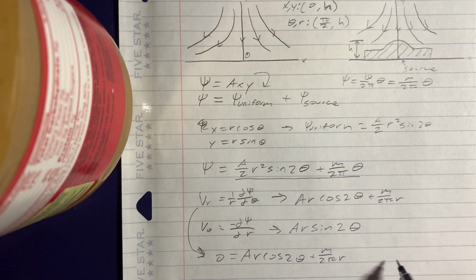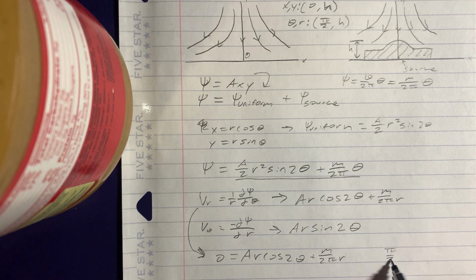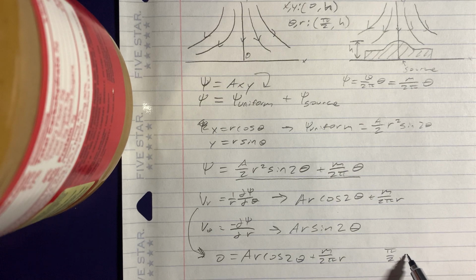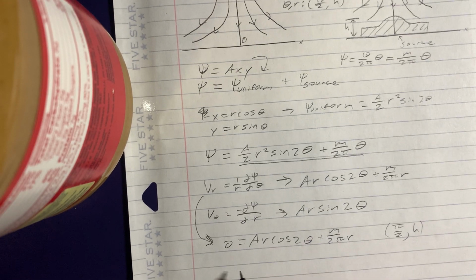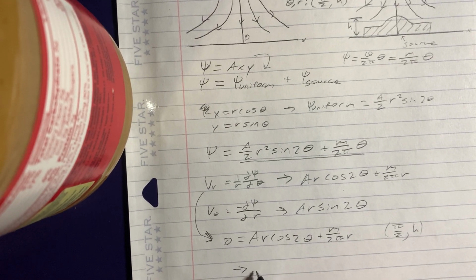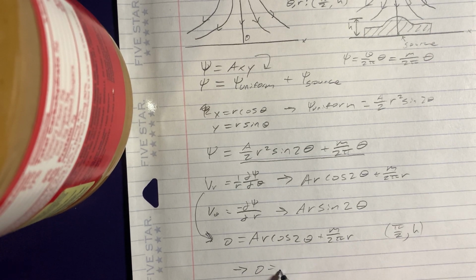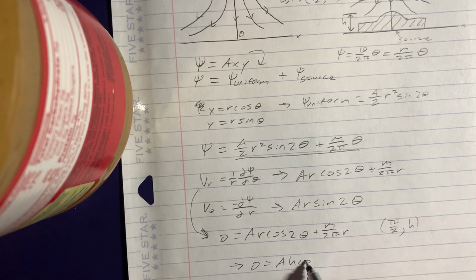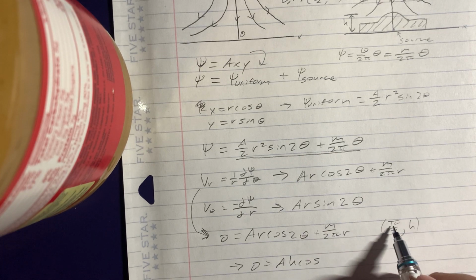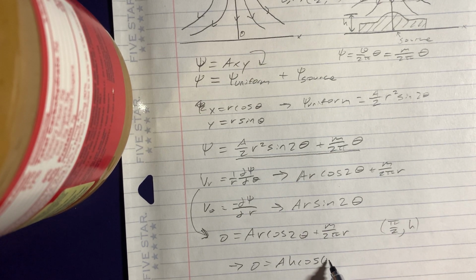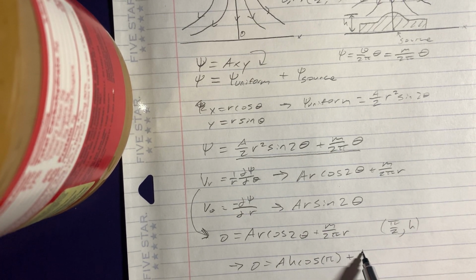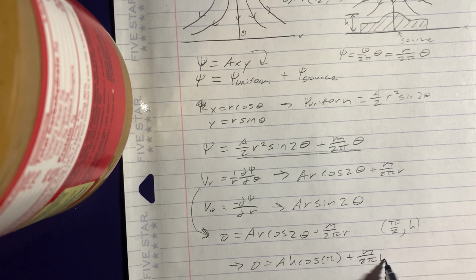Now we're substituting in pi over 2 for theta and h for r. So this becomes 0 equals A h times cosine of 2 times pi over 2, which is just pi, plus M over 2 pi times h.